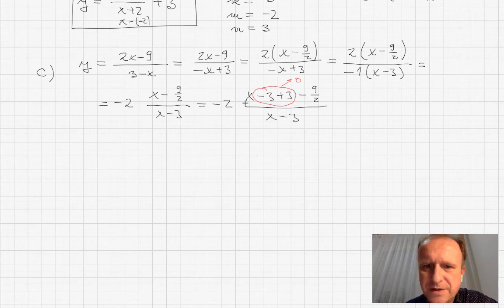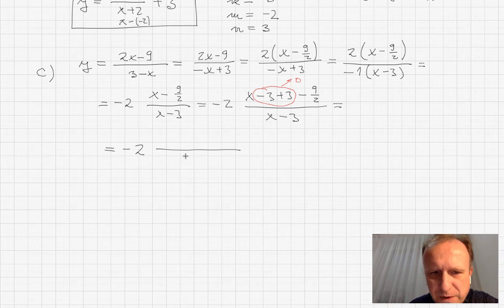It doesn't change anything, but it's very convenient for us to have it. So it's minus 2 times, and we have a fraction with x minus 3 in the denominator, and here we have x minus 3, and then we have 3 minus 9 halves. So 3 can be imagined as 6 halves minus 9 halves, so 3 minus 9 halves is minus 3 halves.